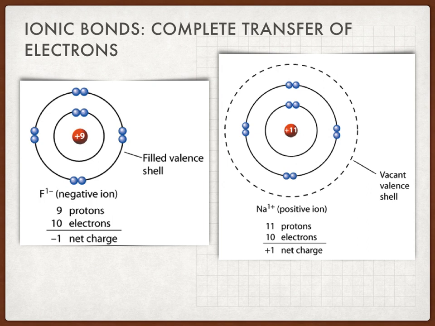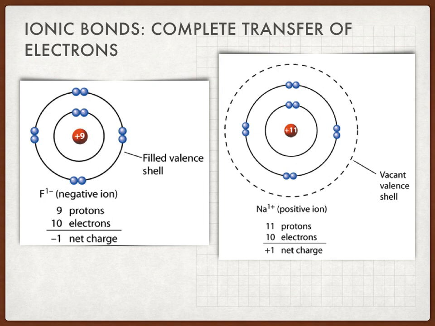So when we put these 2, cation and anion, or metal and nonmetal, together, that electrostatic interaction between the positively charged cation and the negatively charged anion is going to attract, and they're going to be held together in an ionic bond. You might wonder, well, wait a second, how did fluorine get that negative charge?